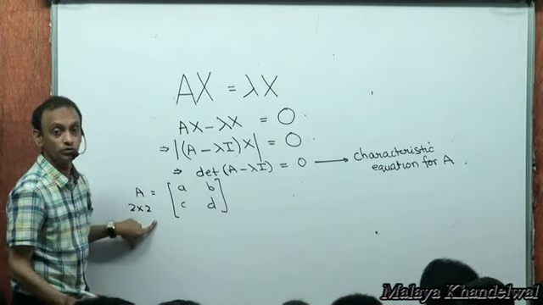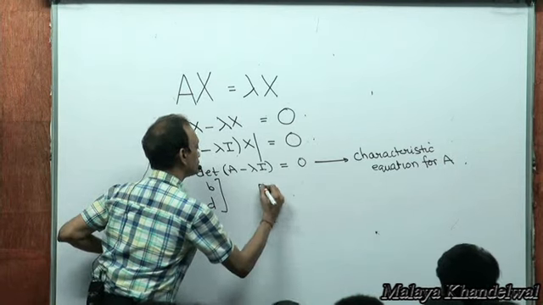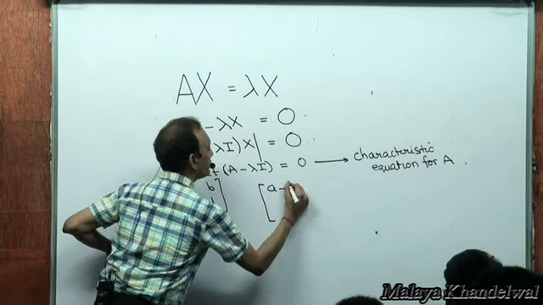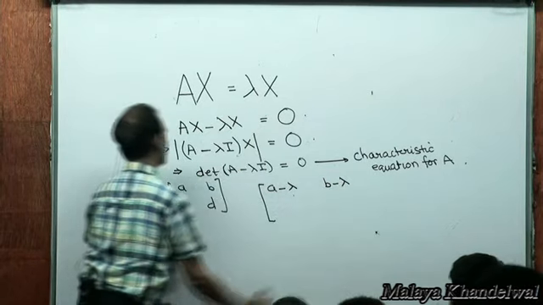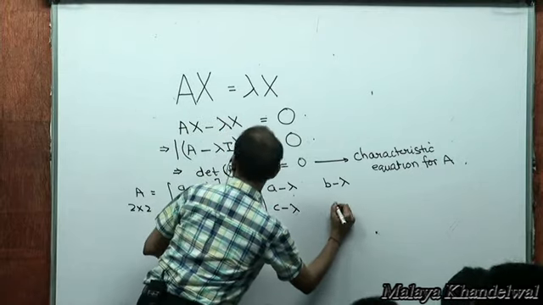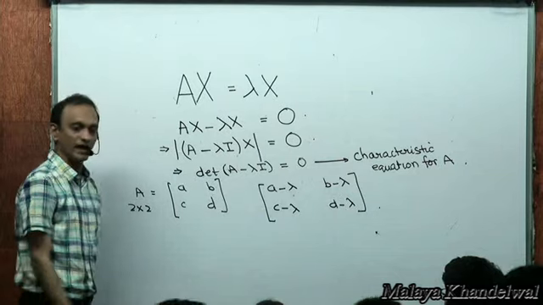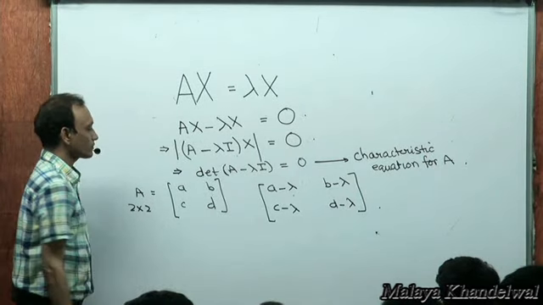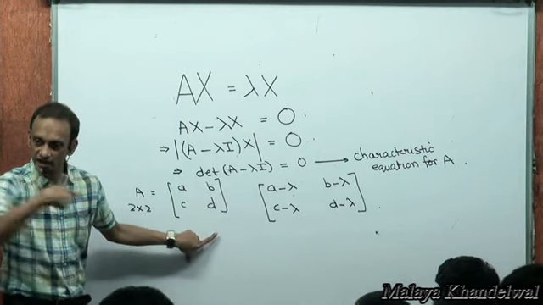Now A is a 2 by 2 matrix. A minus lambda I is like A minus lambda, B minus lambda, C minus lambda, D minus lambda. Yes or no? That's A minus lambda I. Do you all understand how this was performed?